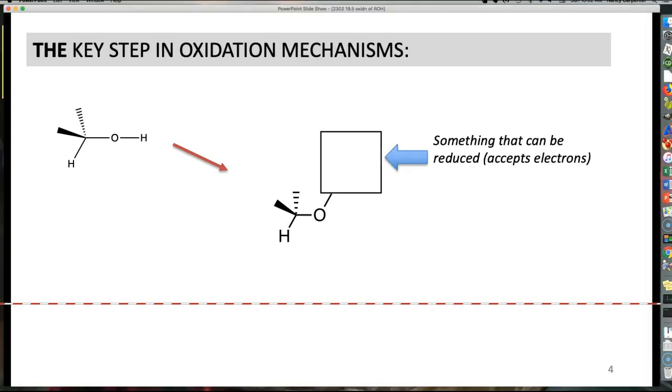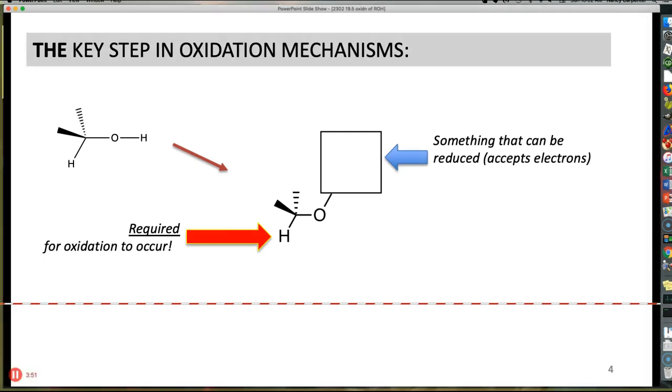So you're reacting your alcohol with a reagent that puts this thing on there, this thing that's in a high oxidation state and really wants to accept electrons. And if there's a hydrogen, as we suggested in the previous slide, on that same carbon that bears the hydroxyl group, then exactly what needs to happen is this.